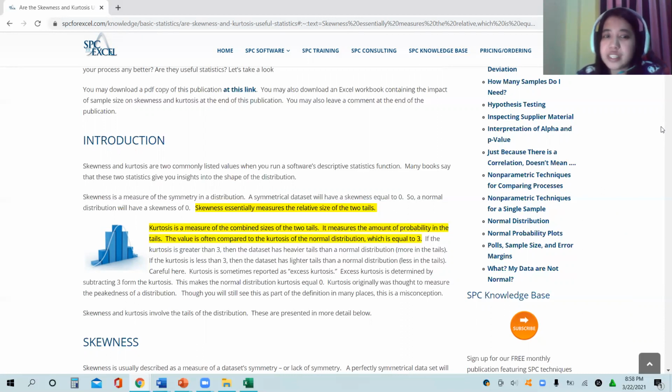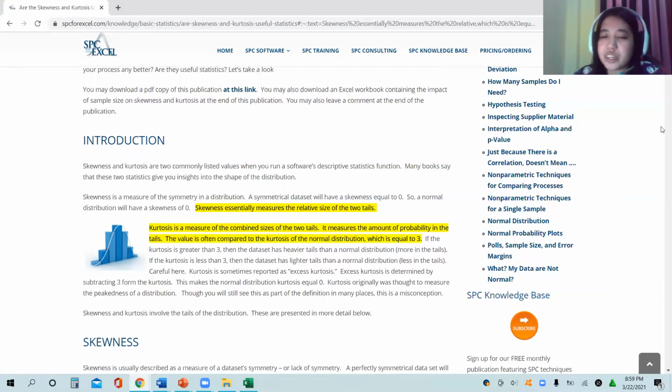If the kurtosis is less than 3, then the data has lighter tails than the normal distribution, less in the tails. So kurtosis is sometimes reported as excess kurtosis.